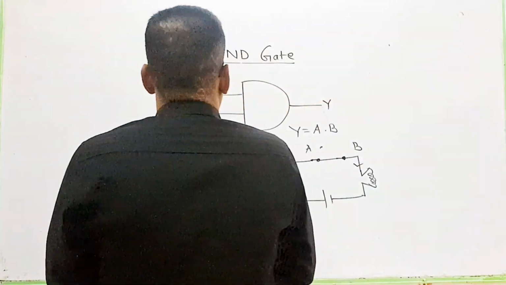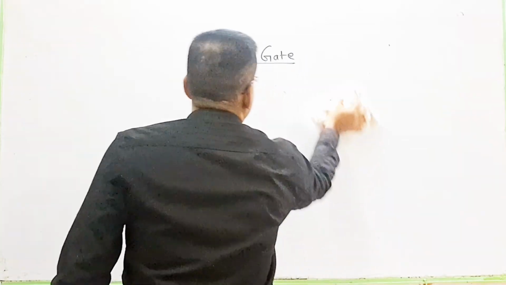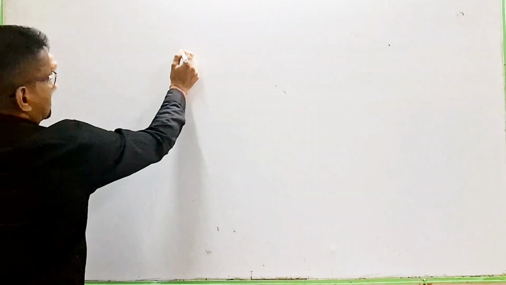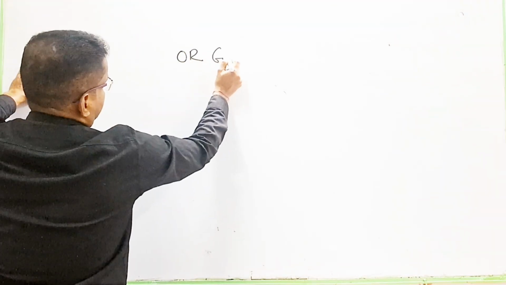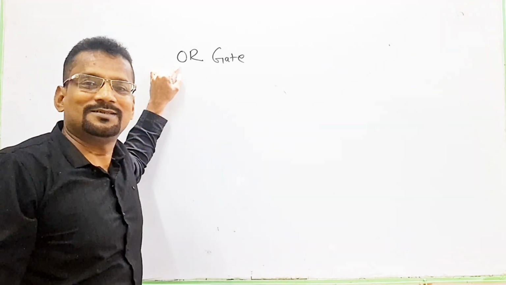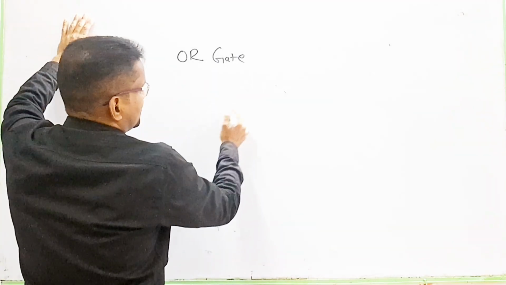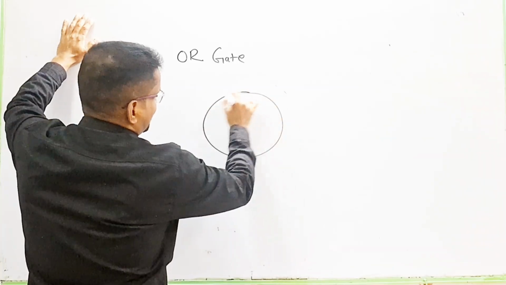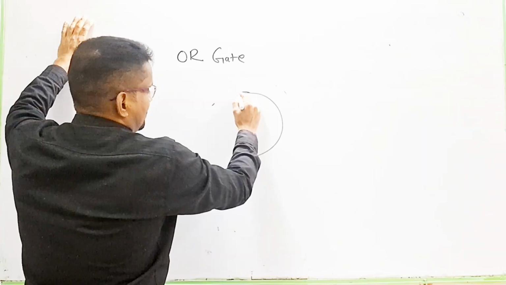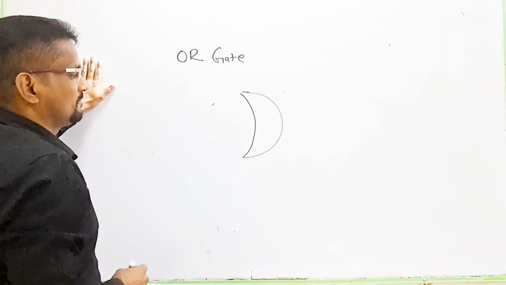Now we are going to take the OR gate, its truth table, and one circuit for the OR gate. To draw the OR gate symbol, write an O and erase one part of it, so that half of the O is drawn.